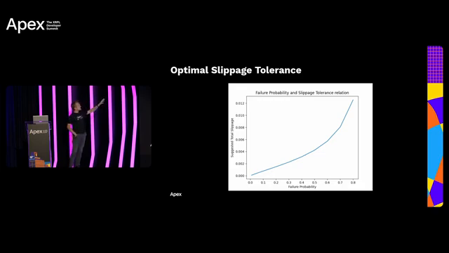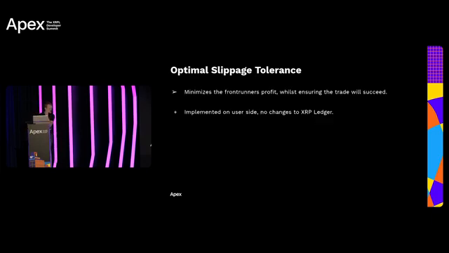And when we set the slippage tolerance, the transaction should not fail, and the front-runner's profit should be minimized. So the great thing about this is that we can go and implement this tomorrow ourselves. Unfortunately, this will not prevent front-running at all, but it will minimize the front-runner's profits. And it does not require any changes to the XRP ledger.